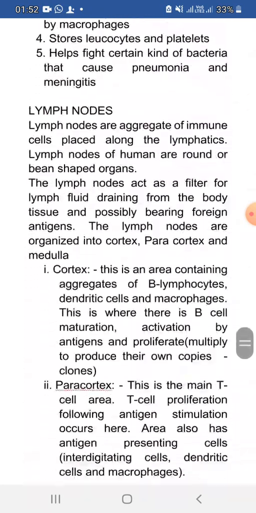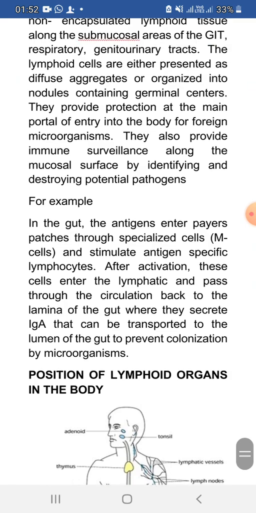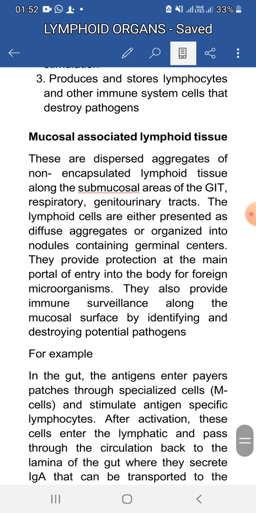later. Then we go to the last bit, mucosa-associated lymphoid tissue. These, I say, are aggregates of cells. They are not encapsulated. They have no capsule, and they are found in the submucosa.